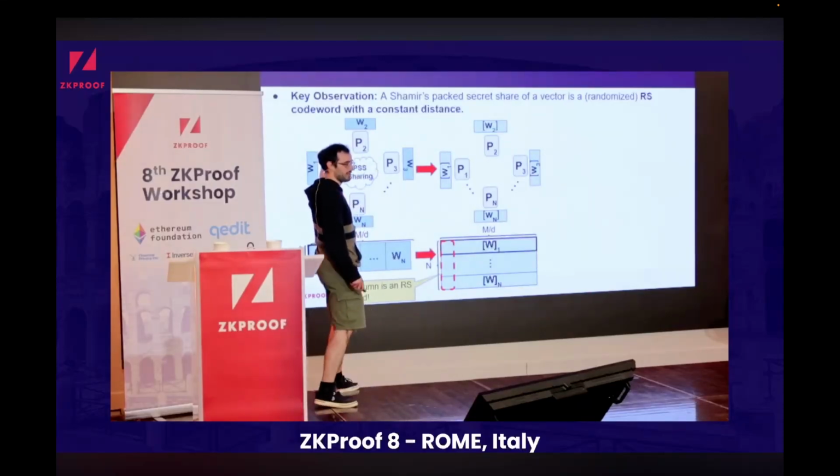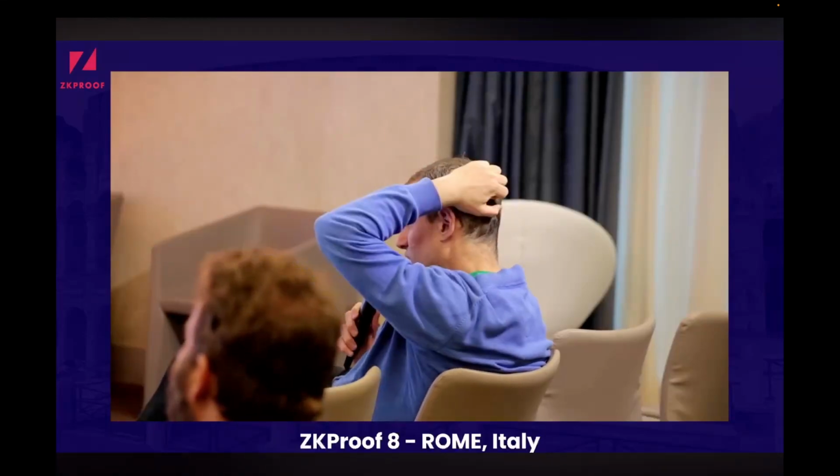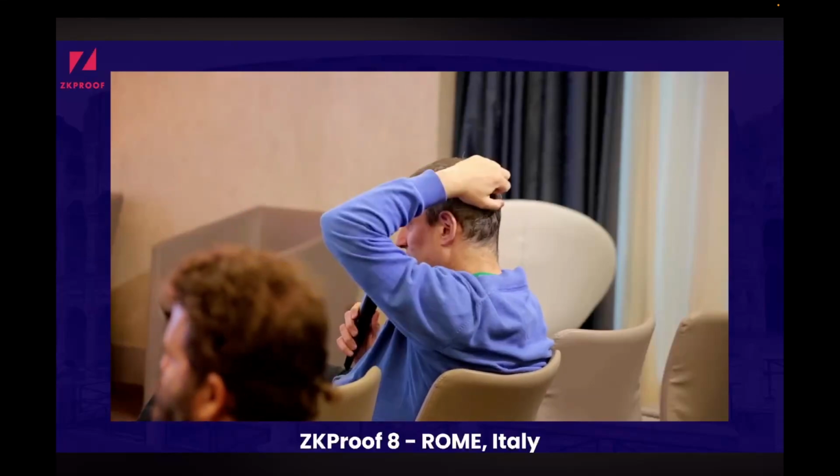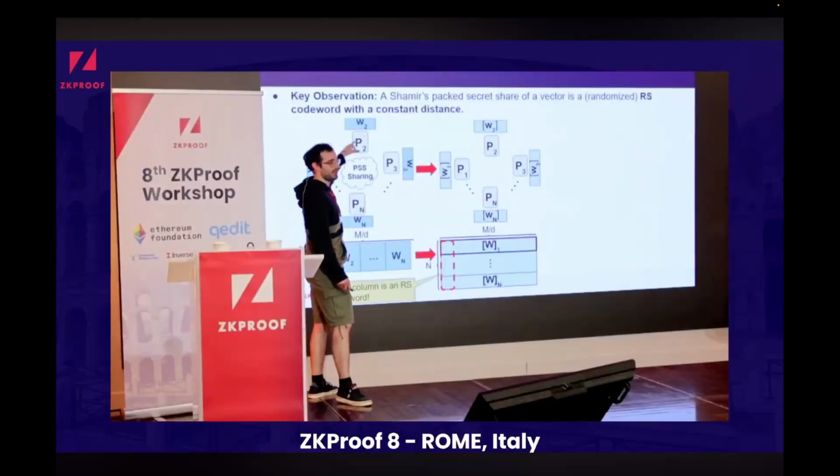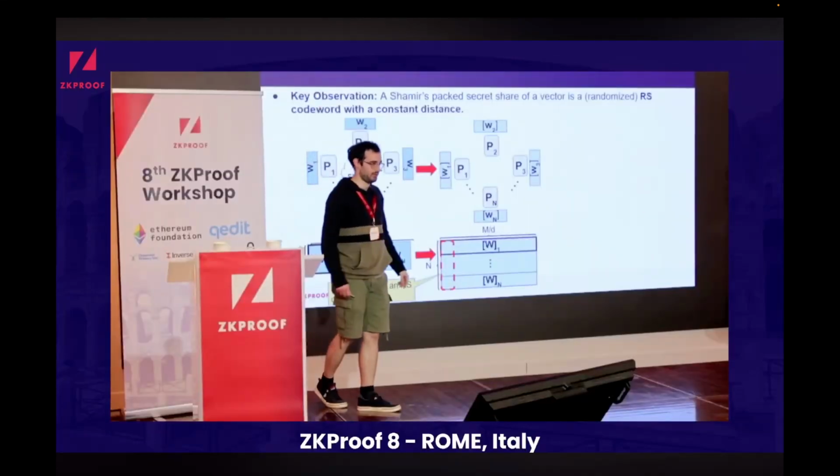Oh, so these W's are the witnesses of each party? Yes, the W's are the parts of the witness. And now, again, what are you sharing? Each party will share this vector to all other parties using a packed secret sharing scheme. Oh, okay. Each party is sharing.